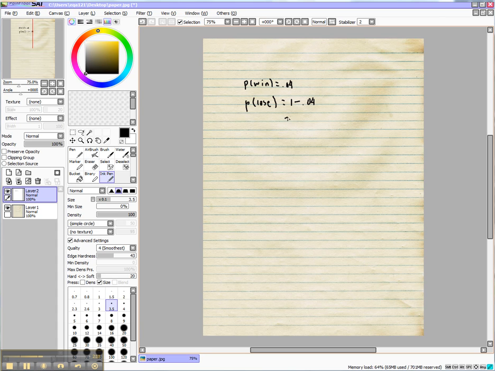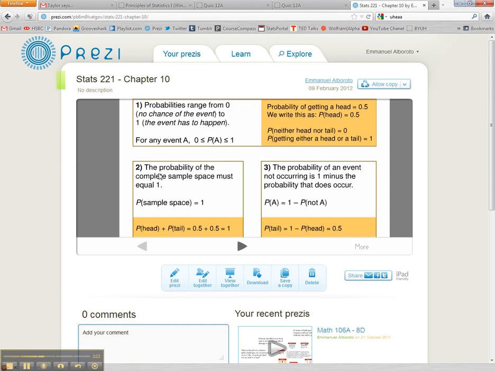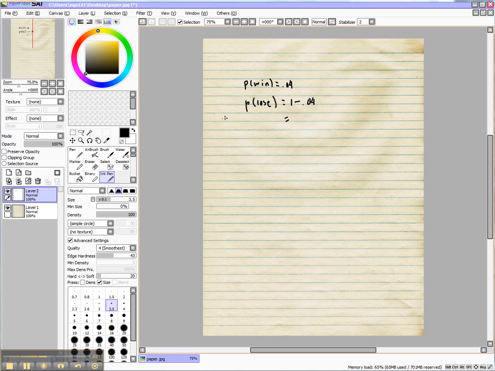You know this because in the lecture, one of the rules of probability is that the probability of the complete sample space must be equal to 1. Playing the game, you can either win or lose, so win and lose together make the entire sample space, which is 1. If you subtract the probability of winning, you get the probability of losing. And what is that? That's 0.96, right?